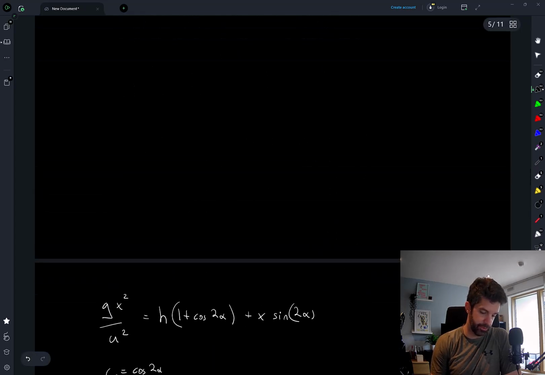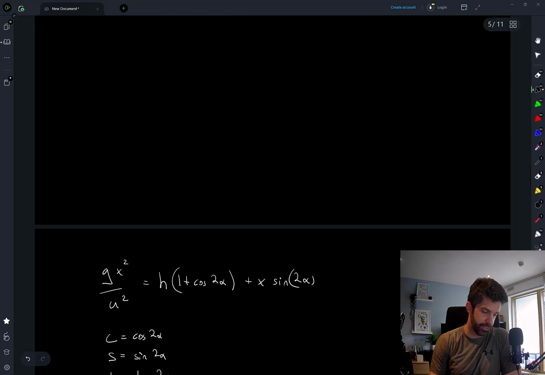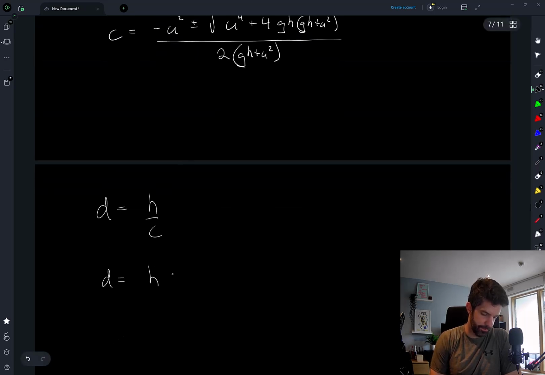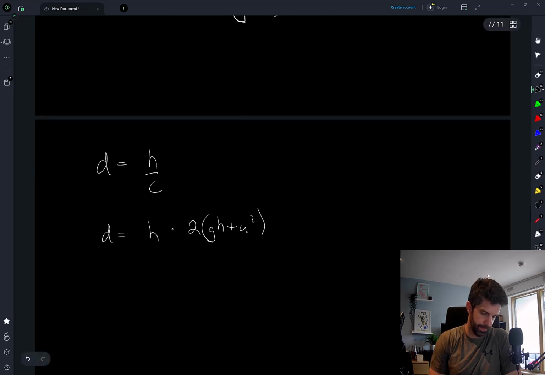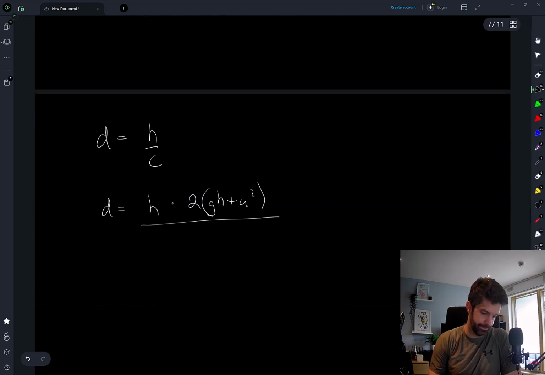I mean, maybe that's as much as we can do, and we just have to simplify this. d is equal to h over c. So it'll be h times 2gh plus u squared divided by, wait, yeah, okay, negative u squared plus square root of u to the 4 plus 4gh plus u squared.